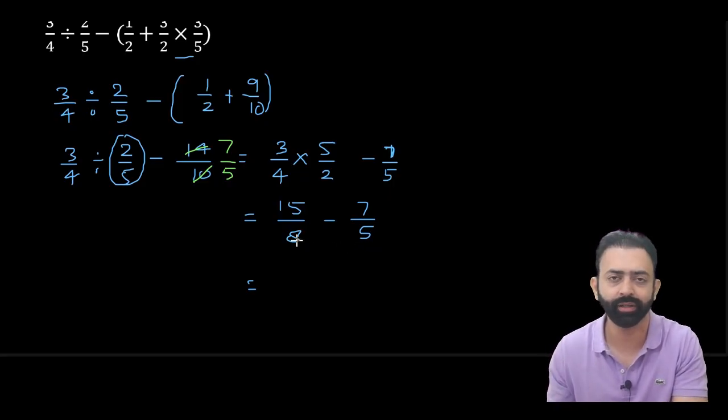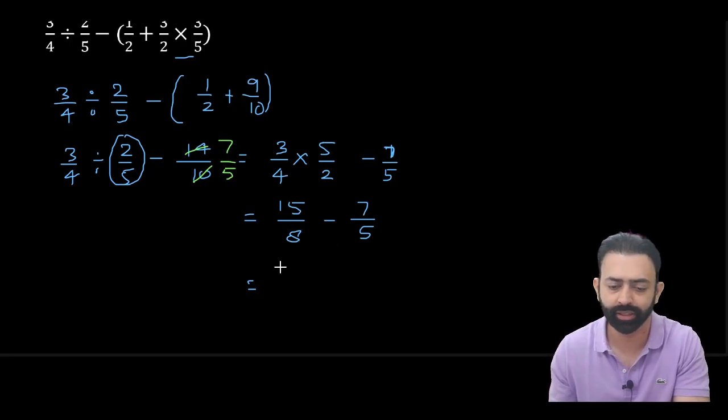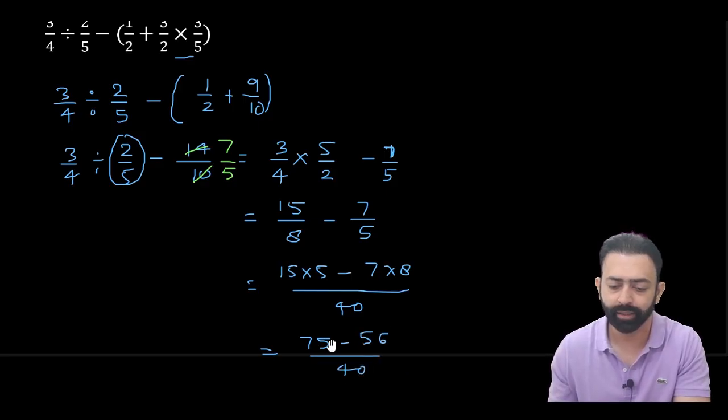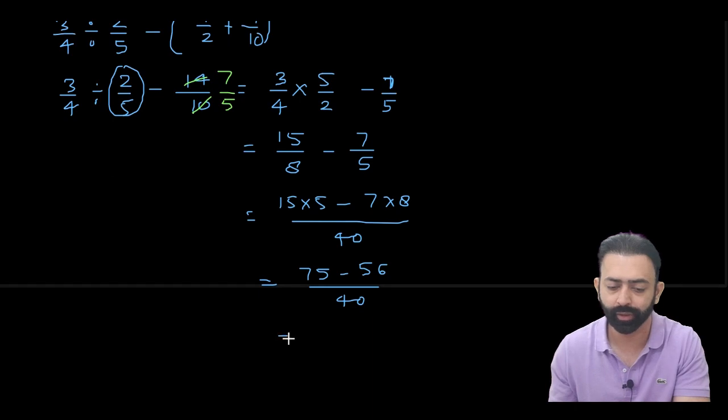So we will multiply the first by 5 and we will multiply 7 by 8. So this is 15 into 5 minus 7 into 8 over 40. This comes out to be 75 minus 56 over 40, which is 19 over 40. So this is your final answer.